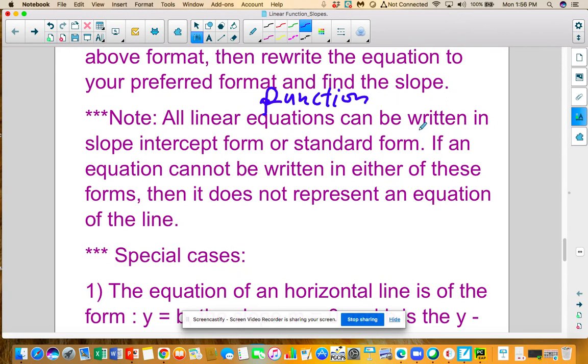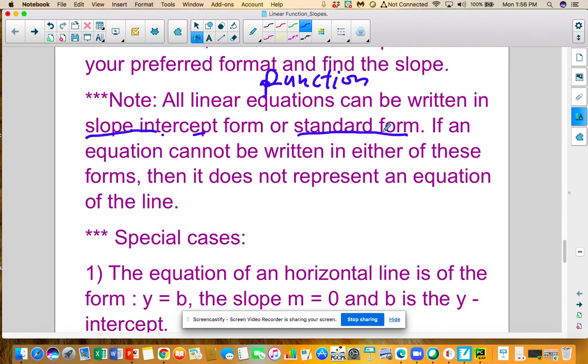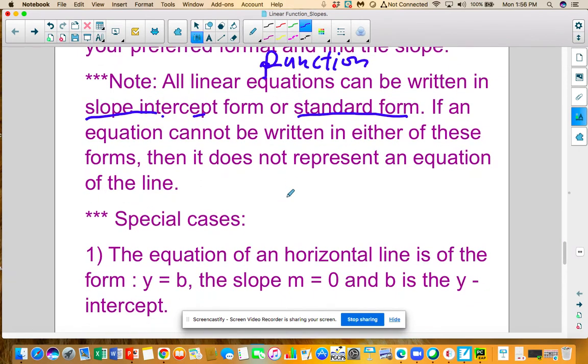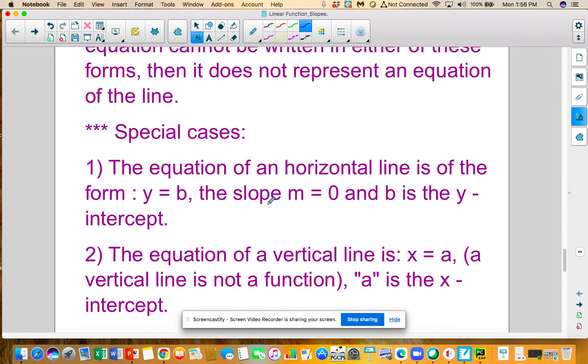So if you take an equation and you cannot write it in either slope-intercept form or standard form, then that equation does not represent an equation of a line. So that's one way to tell if an equation is of a line or not. If you cannot reorganize it in slope-intercept form or in standard form, then that equation does not represent an equation of a line.